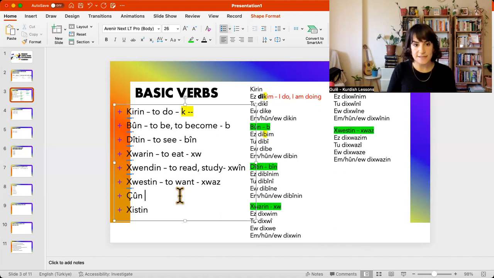And the next one is çûn, to go, and the stem is only ç. It's only ç.